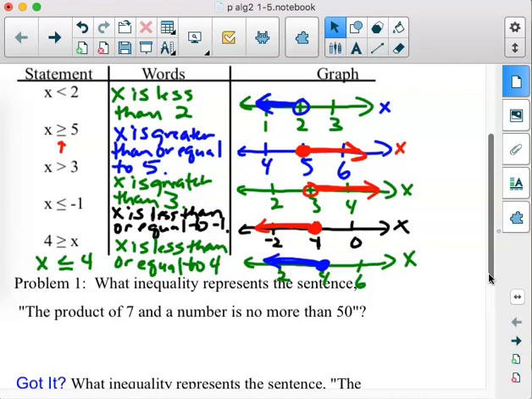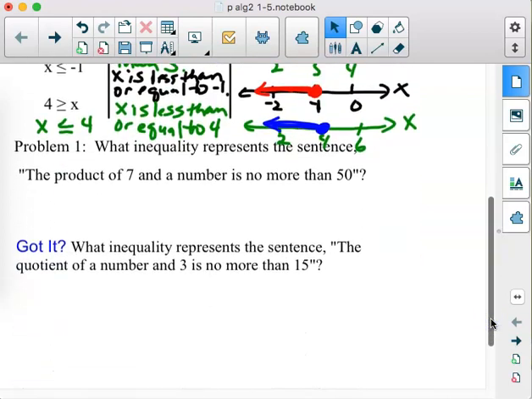So problem 1 says, what inequality represents the sentence, the product of 7 and a number is no more than 50? Oh boy, what's product mean? Times, yeah. So 7 and some number, did they say what the number was?